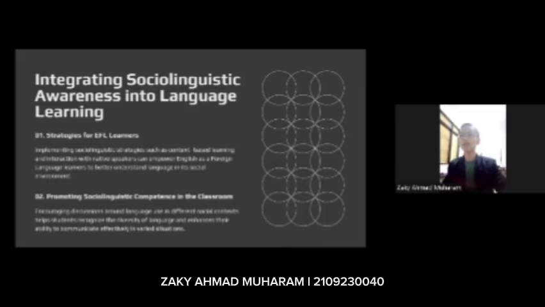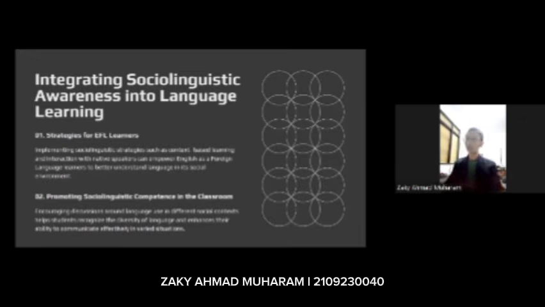Integrating sociolinguistic awareness into language learning. Strategies for EFL learners: implementing sociolinguistic strategies, such as context-based learning and interaction with native speakers, can empower English as a foreign language learners to better understand language in its social environment.